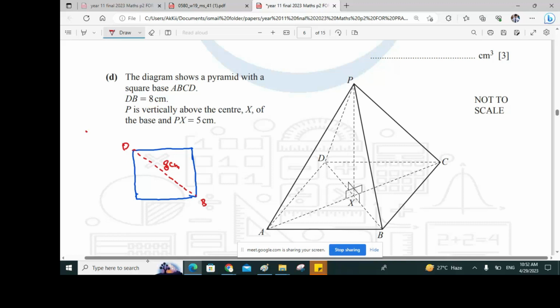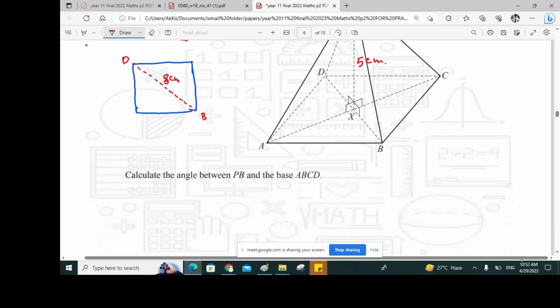Okay, the base of PX, that is how much? PX is given as 5 centimeter. Okay, what I have to find out is to calculate the angle between this. Which angle do I have to find?